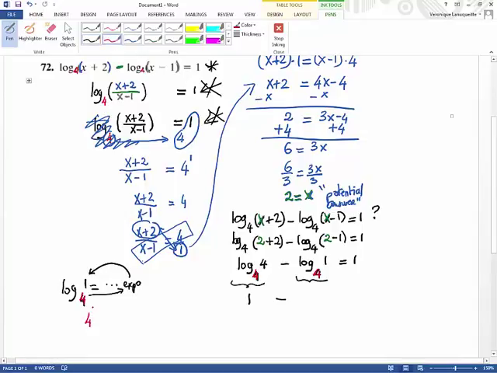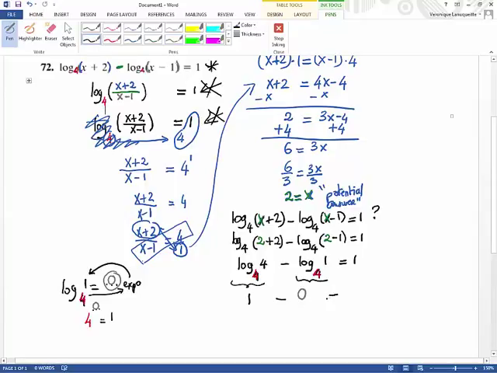So I'm asking you which power, which exponent should I put on this 4 in order to get 1? Which power of 4 gives me 1? And you would say, oh, I know what the answer is. It's 0. 4 to the 0 is 1. So that exponent, which is the value of log base 4 of 1, is 0.